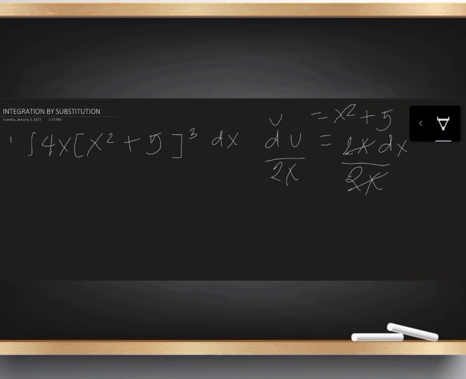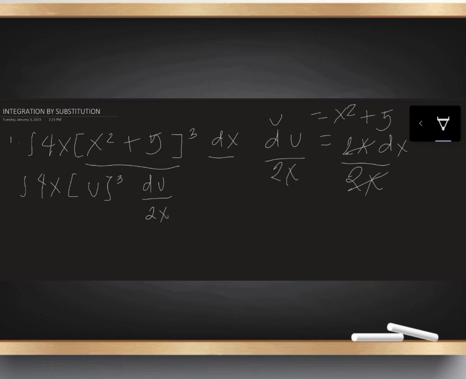Now what we have to do is replace this one with u and this one with du over 2x. So let's do that. The integral of 4x times u raised to 3 and du over 2x.